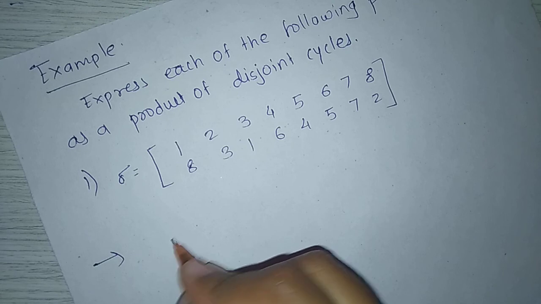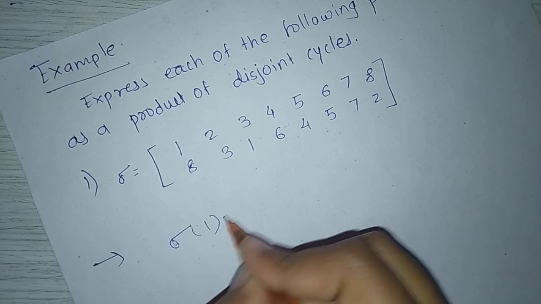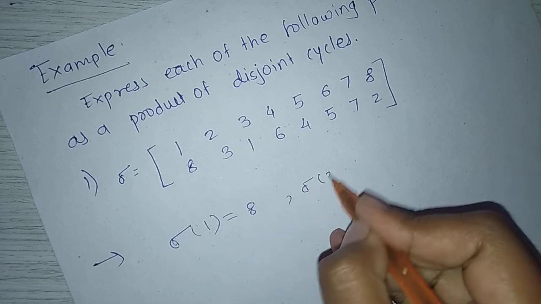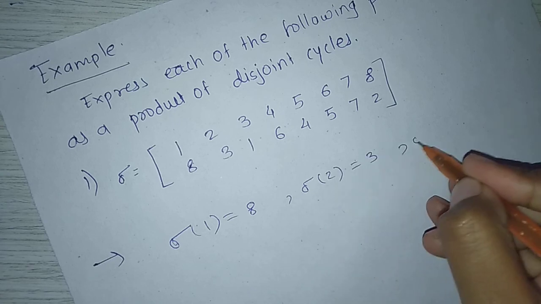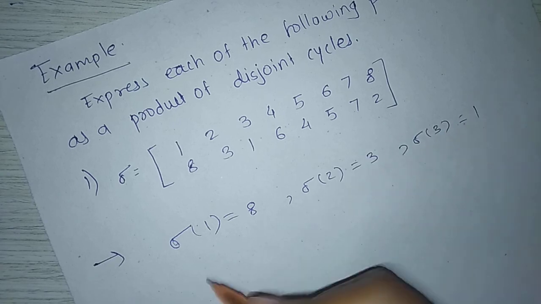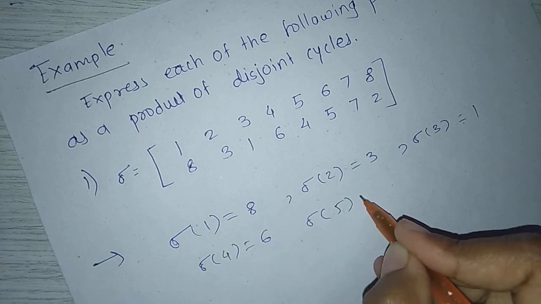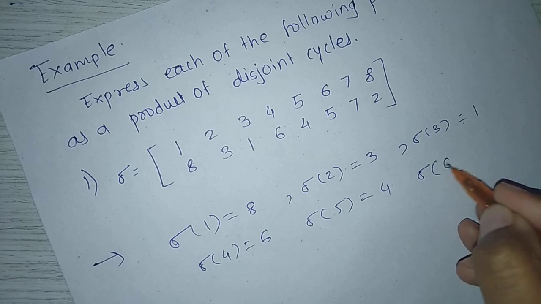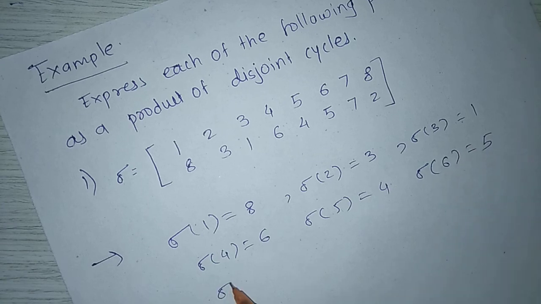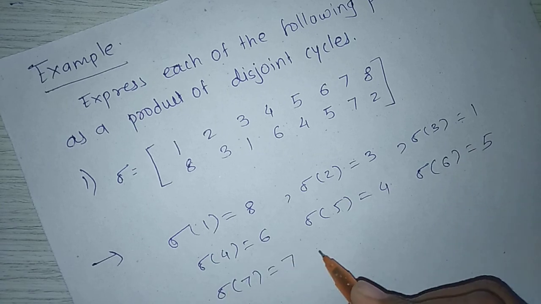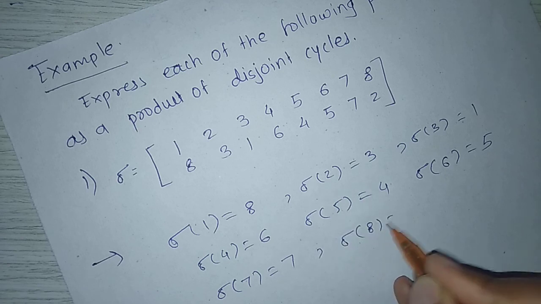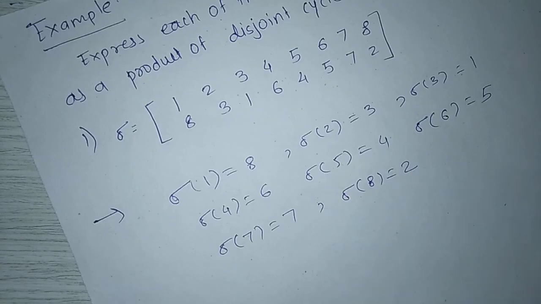We have sigma of 1 equal to 8, sigma of 2 equal to 3, sigma of 3 equal to 1, sigma of 4 equal to 6, sigma of 5 equal to 4, sigma of 6 equal to 5, sigma of 7 equal to 7, sigma of 8 equal to 2.